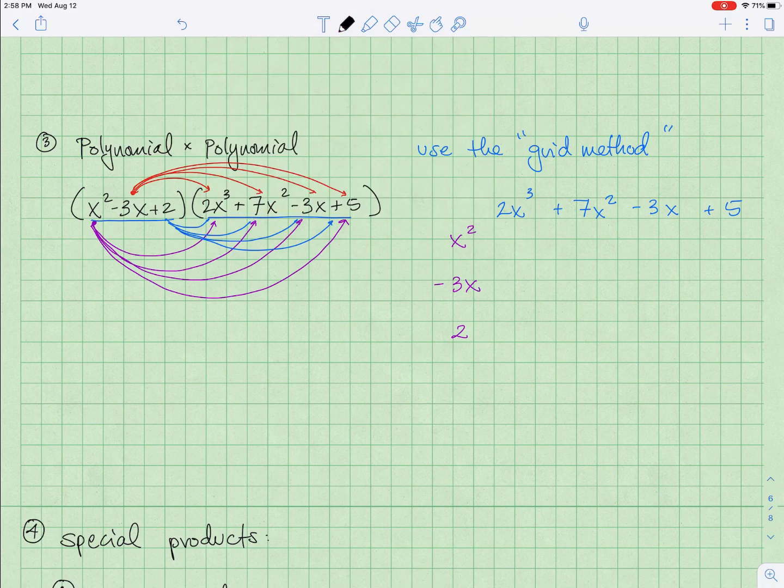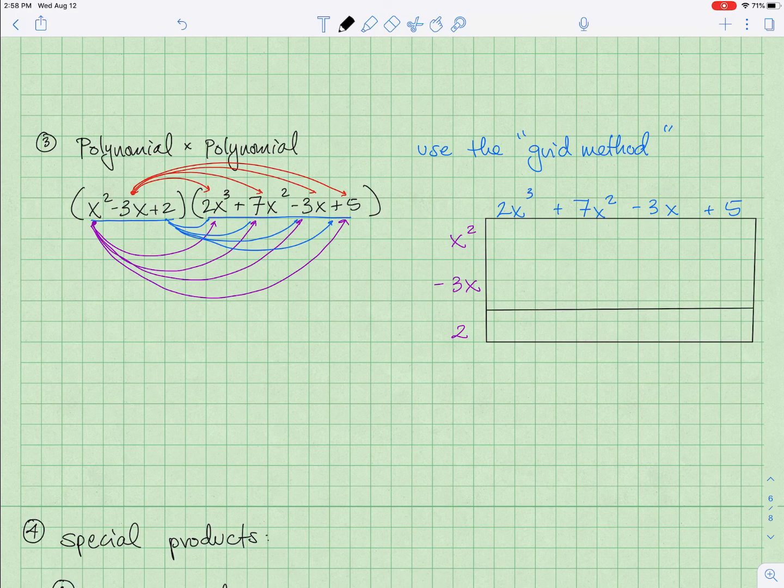And then what you're going to do is make a grid, a series of boxes. And these are generated term by term, so to speak.